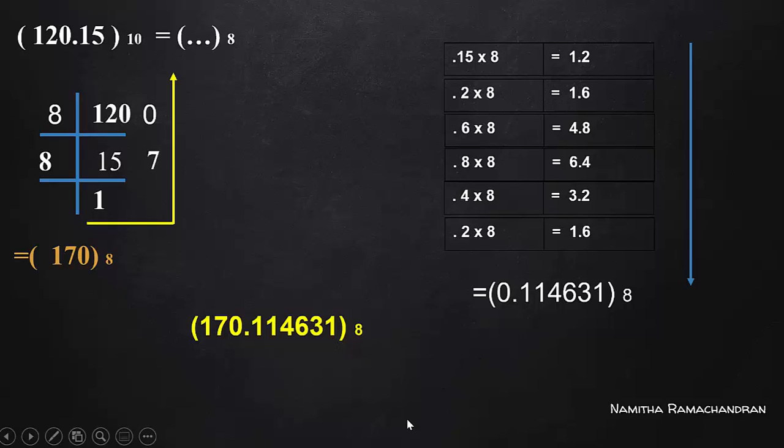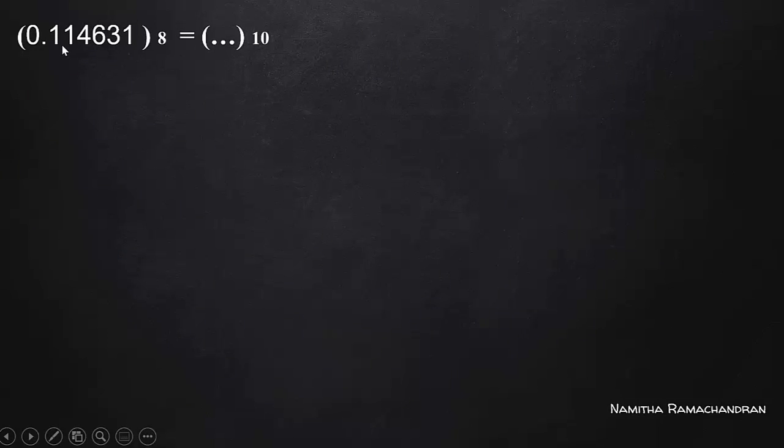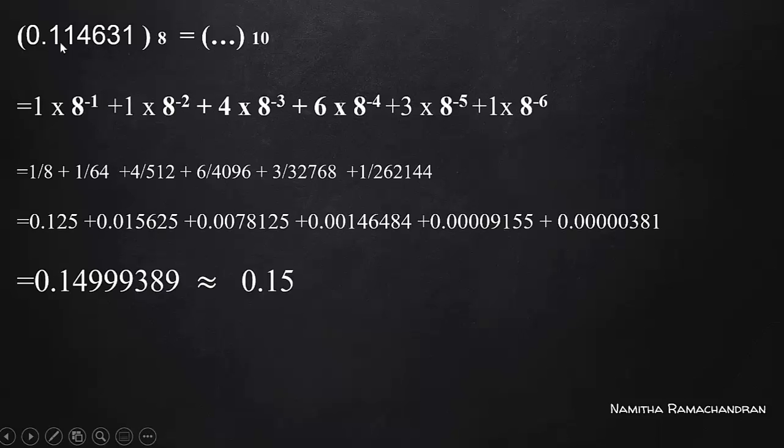Next, we can consider how accurate this is with respect to the value 0.15. For that, convert this base 8 value back into its decimal form. We multiply 1 by 8 raised to minus 1, plus 1 into 8 raised to minus 2, plus 4 into 8 raised to minus 3, plus 6 into 8 raised to minus 4, plus 3 into 8 raised to minus 5, plus 1 into 8 raised to minus 6.